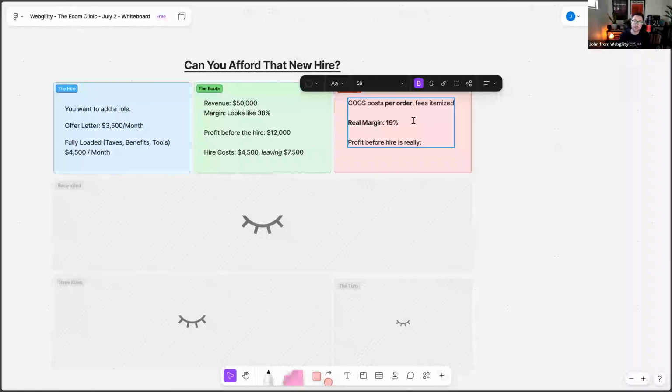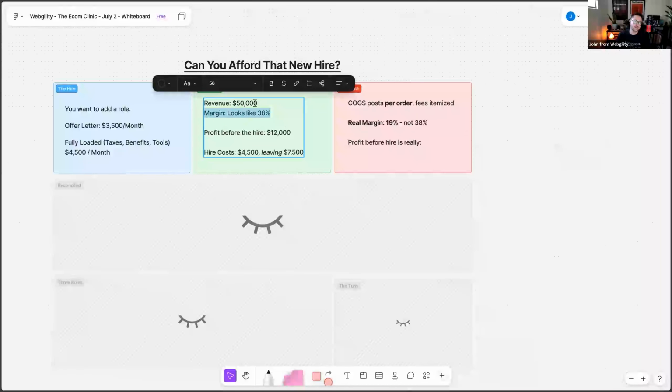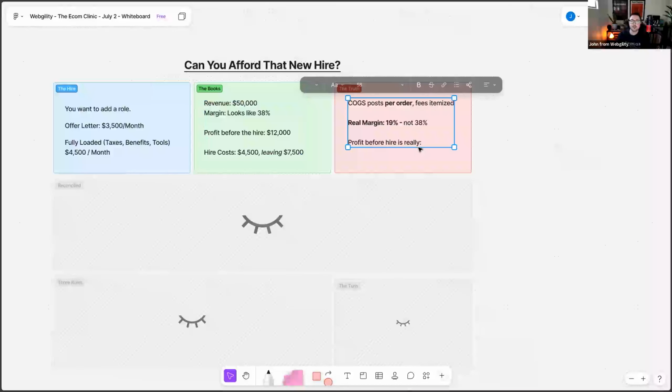So again, your real margin here ends up being 19%, not 38%. There's a pretty big dip from that 38% that you have here, looking at your revenue of 50,000. So your profit before the hire is actually going to be $2,500 after that number.